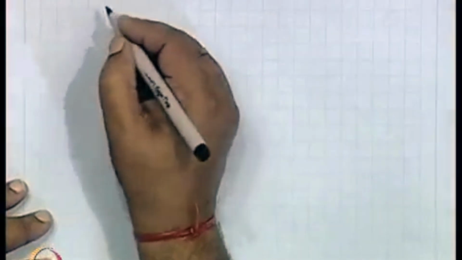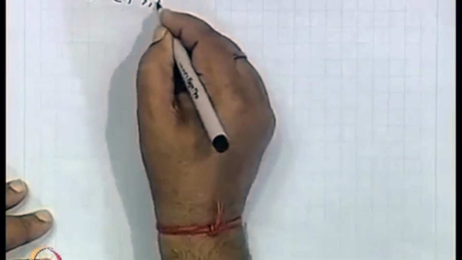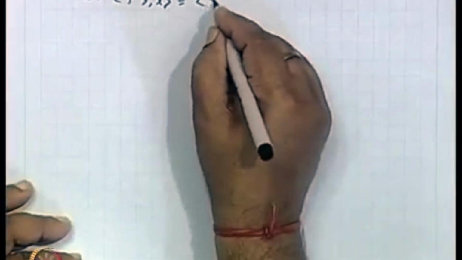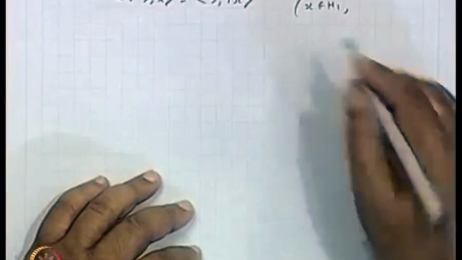First, the inner product of T star y comma x is the same as the inner product of y comma Tx, where x belongs to H1, y belongs to H2.